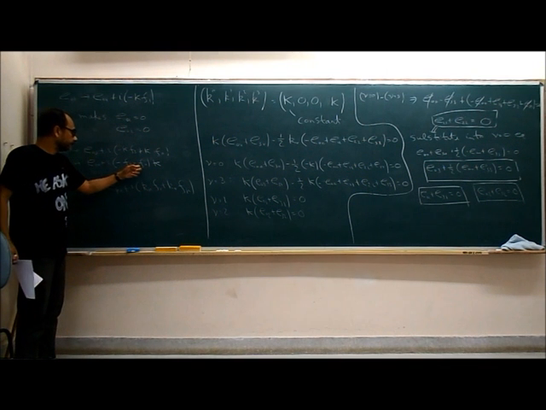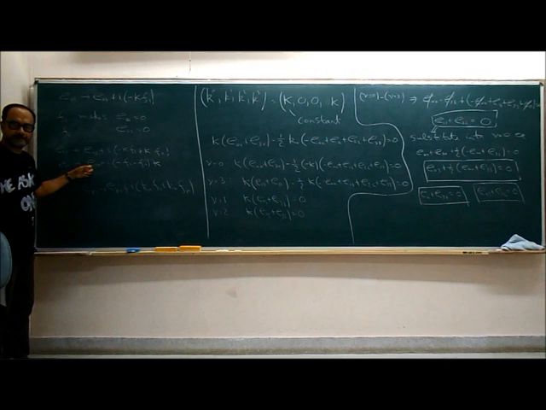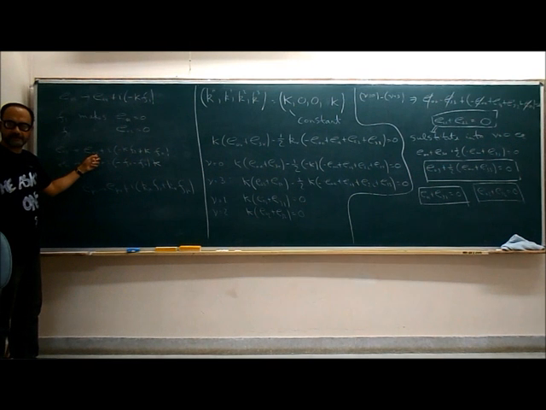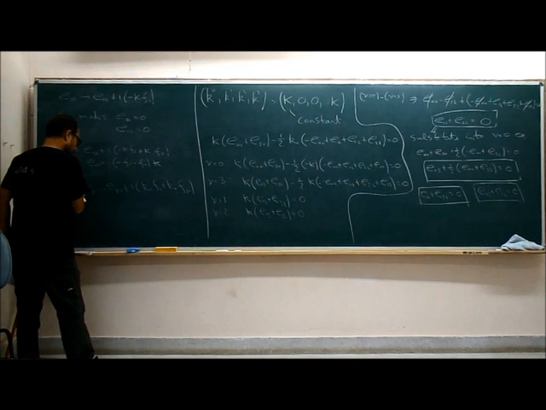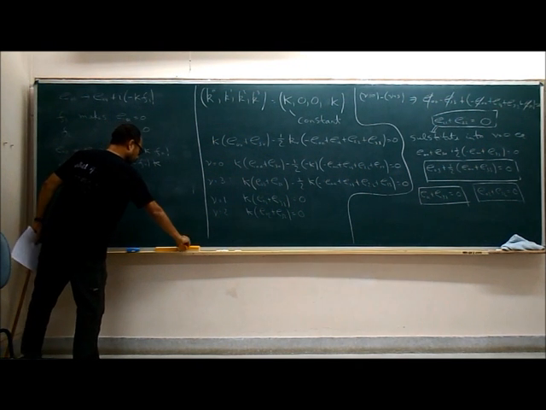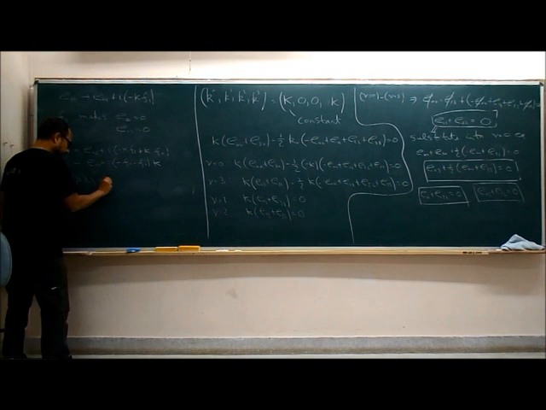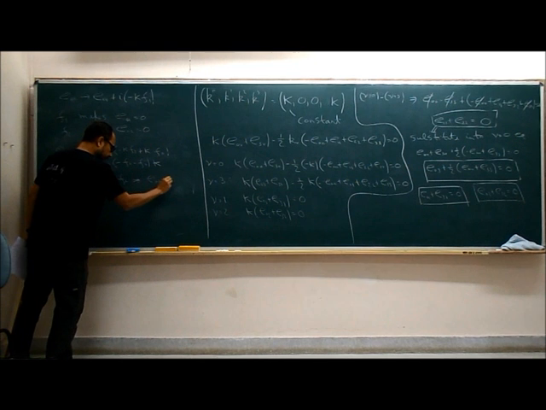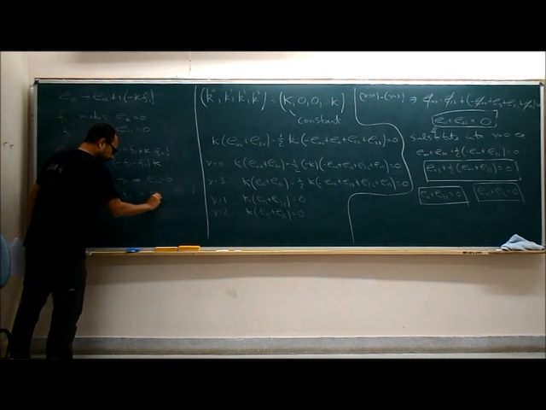So we see that by adjusting F0, we can make E00 vanish. And then by adjusting F3, we can make E03 vanish. So adjust F0 to get E00 equal to 0 and adjust F3 to make E03 equal to 0.